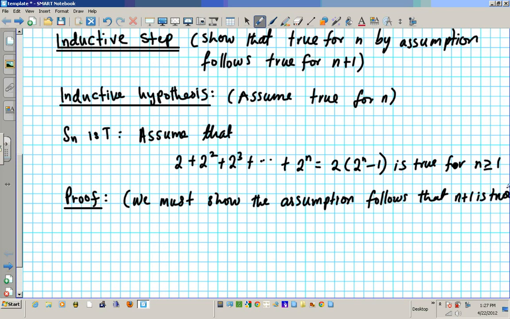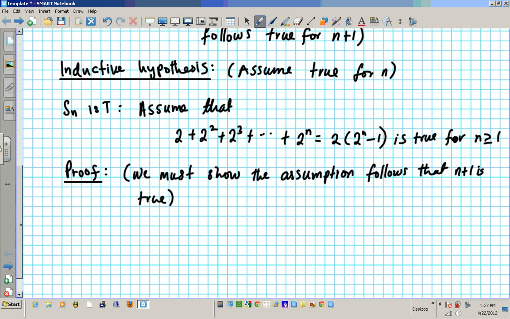If we can show that, then we're done. In this case, the task is to show that S(n+1) is true, based on this assumption right here. If we can accomplish this goal, then we're good.